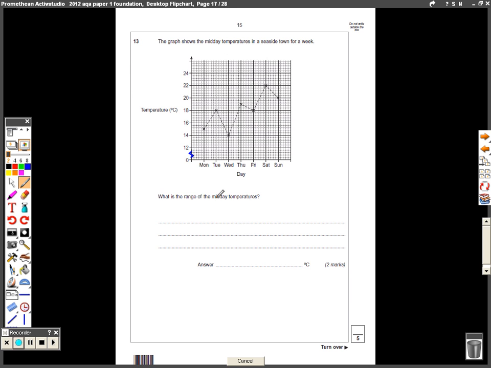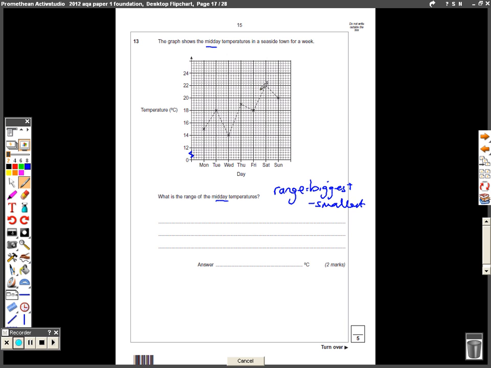So what is the range? Well, we need to remember that range equals the biggest take away the smallest. And these are all midday temperatures. So what is the range of midday temperatures?